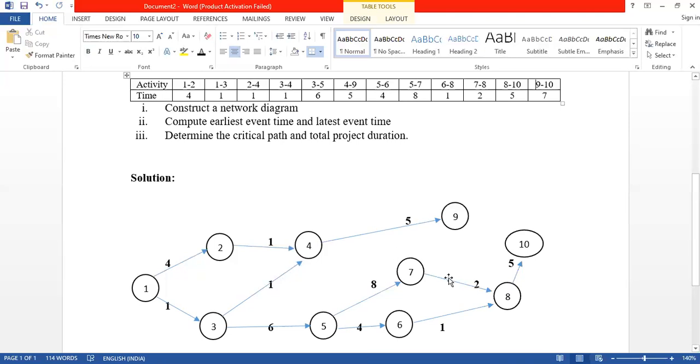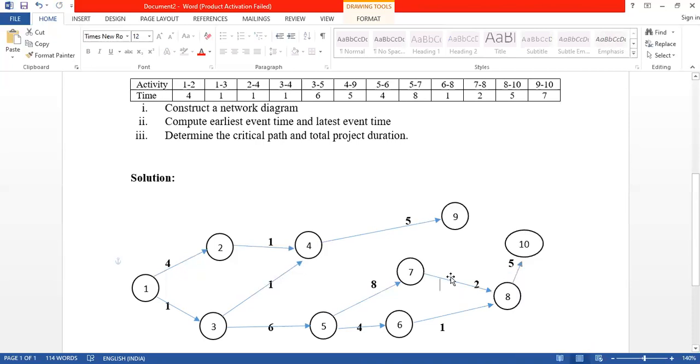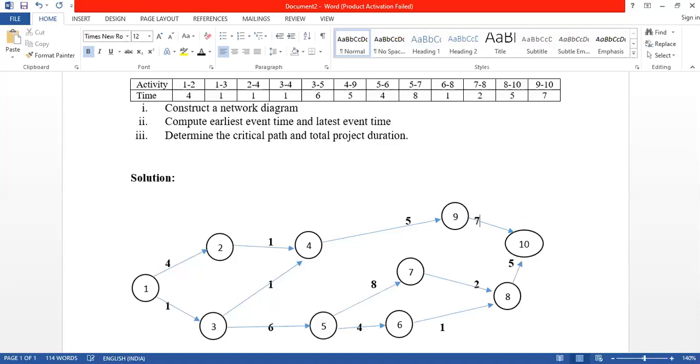So we have connected our 9 to 10, event 9 to event 10, right? And this is 7. So this is our network diagram.